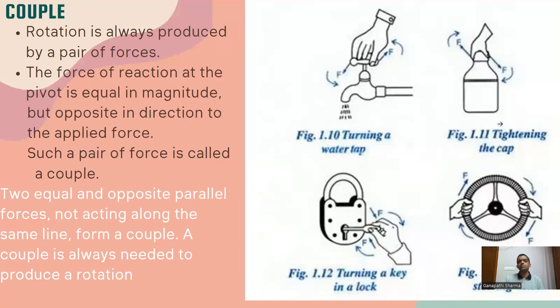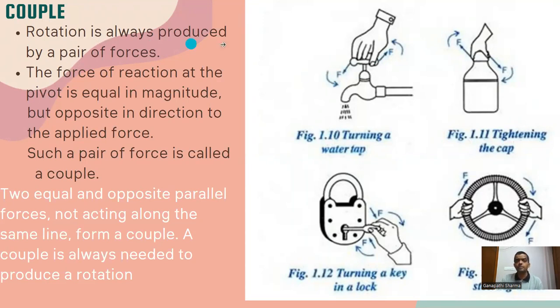Yes, there is a concept called a couple. What do you mean by a couple? Try to understand. If it is a tap, this is point A, this is point B, two different points, and the forces are being applied in two opposite directions. Two different points, equal forces acting opposite to each other, are called a couple.